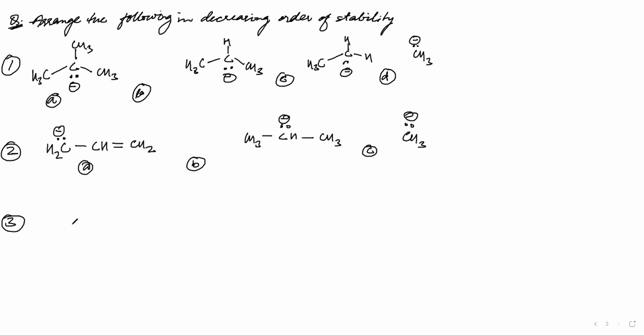Next question: if I have something like this, CH3, CH2 free radical, A. B is like this: CH2 double bond CH carbanion. The C structure is with a triple bond, CH, and C with a lone pair and a negative charge.